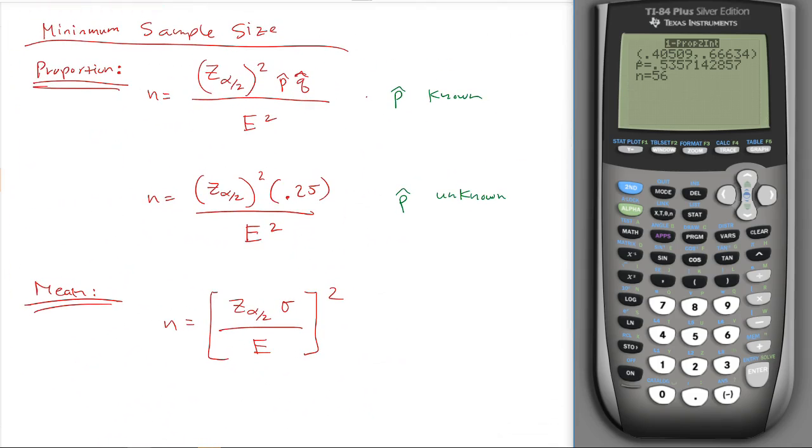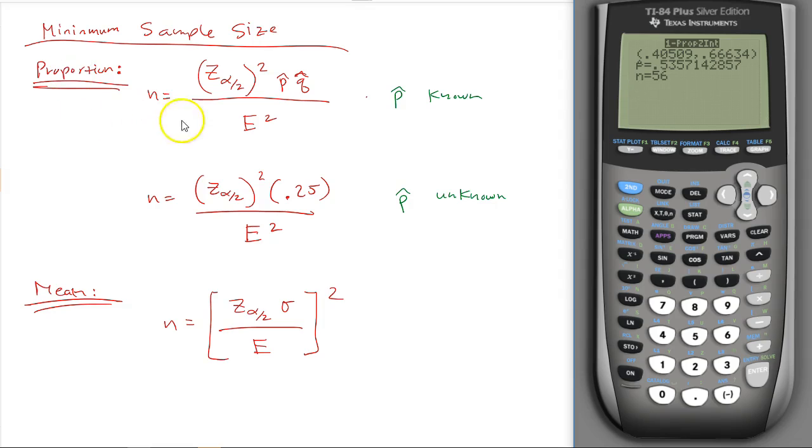So for minimum sample size for a proportion, when you're trying to estimate a population proportion, this formula would give you the minimum sample size, meaning the minimum number of values you should sample so that you would get an accuracy to a certain confidence level and to a certain margin of error.